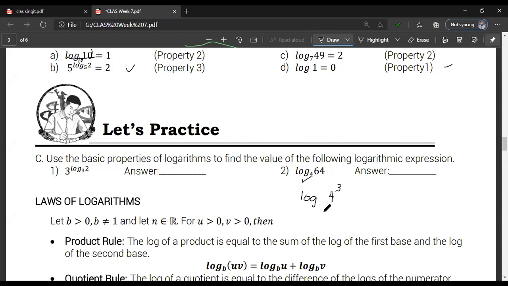Hindi siya yung pork ha, iba yun. 4 raised to 3 na lang. So 4 raised to 3 with the base 4. 64, as I've said earlier, can be written as 4 raised to 3. So, pwede na i-cancel. Ano maiiwan? 3. So, the answer is 3.